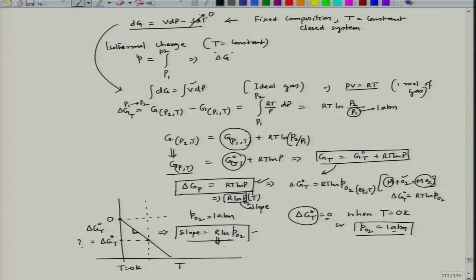Now, if I take SI units, R is 8.314 joule per Kelvin per mole.